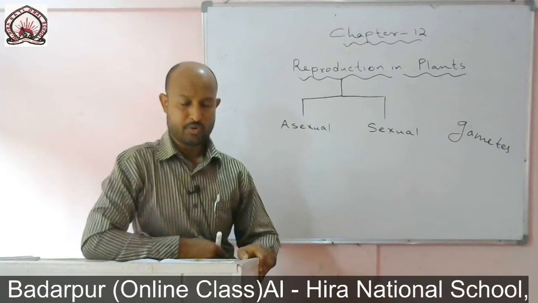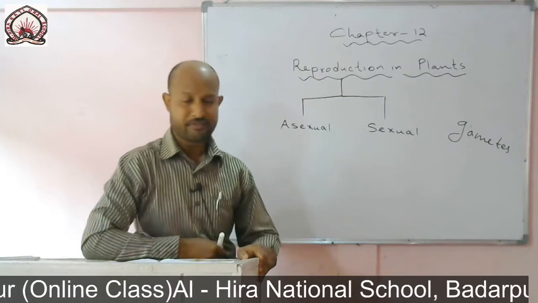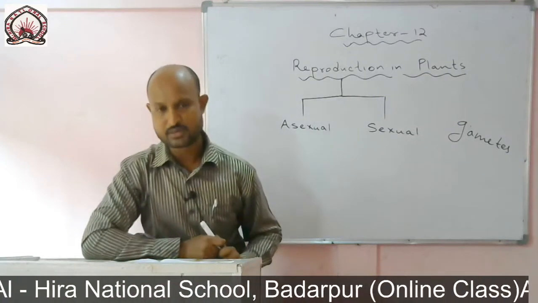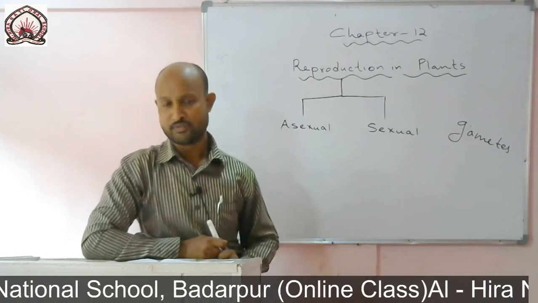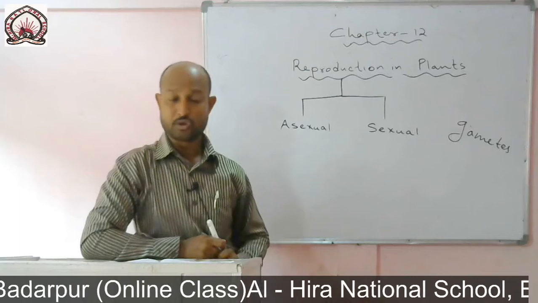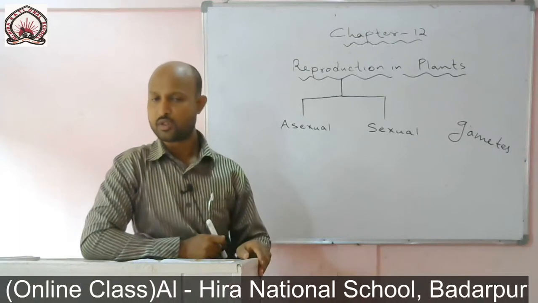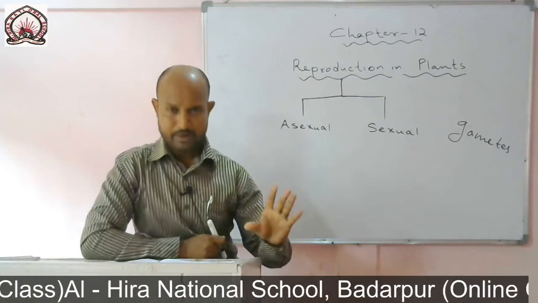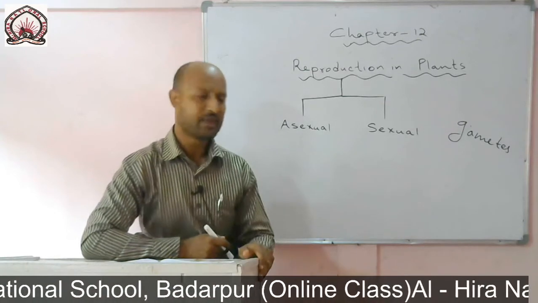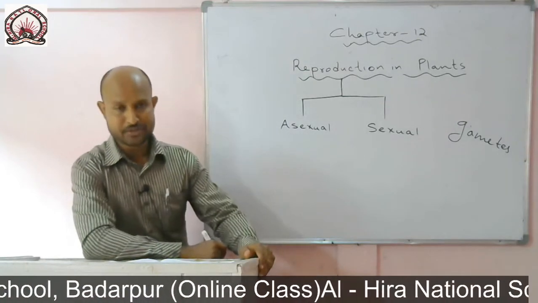Such a flower which does not have all the 4 whorls is called an incomplete flower or unisexual flower. But the flower which has all the 4 whorls is called a complete flower or bisexual flower. So let me give you some examples of unisexual flowers.